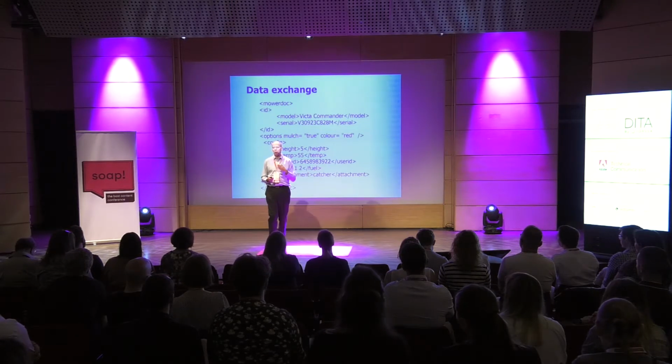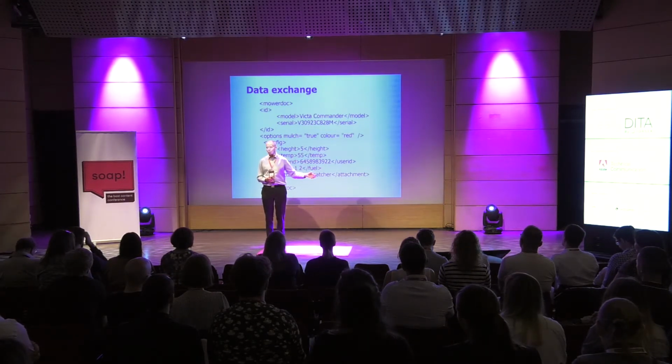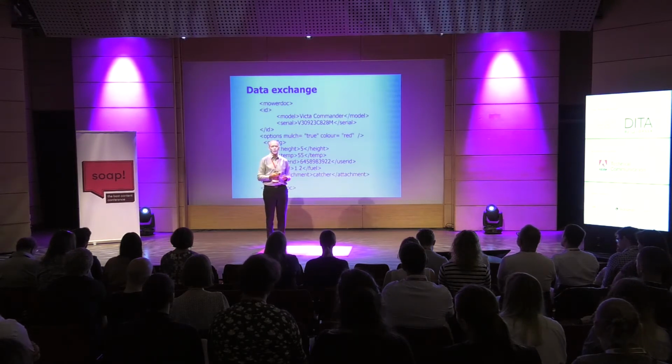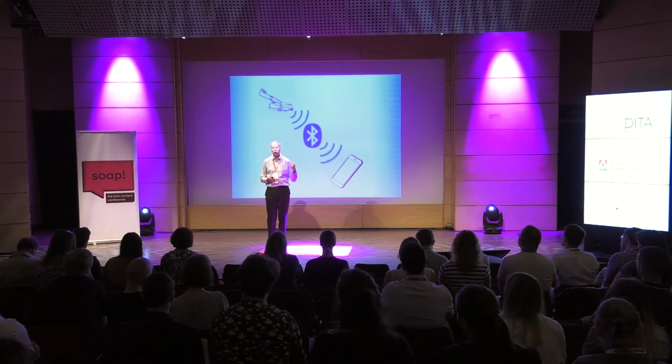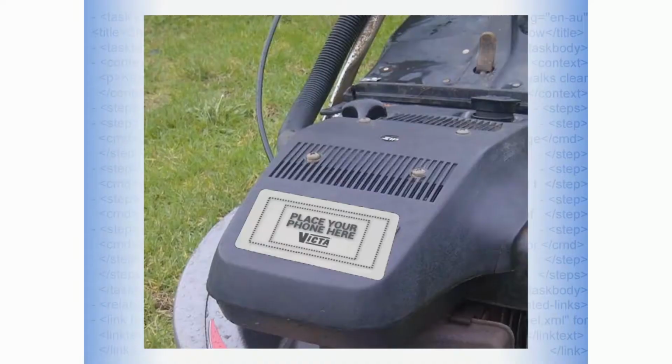And then there'd need to be some data exchange between maybe your mobile phone and the mower so that the mower information could be sent to your mobile phone, maybe through Bluetooth. And so maybe on your mower you would have a little place to put your phone. You put your phone there and that would connect it with Bluetooth, or maybe using NFC, near field communication, and you plonk it there.